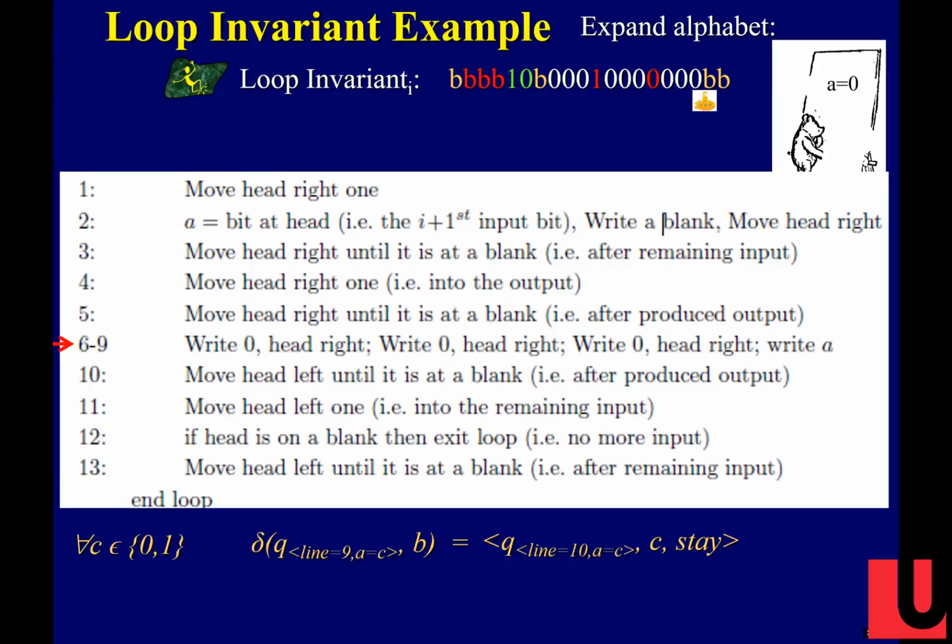Okay, so I think I'm just finding this a little confusing because line 9 is write A, but you don't actually write A until line 10? No. Where are we writing A?